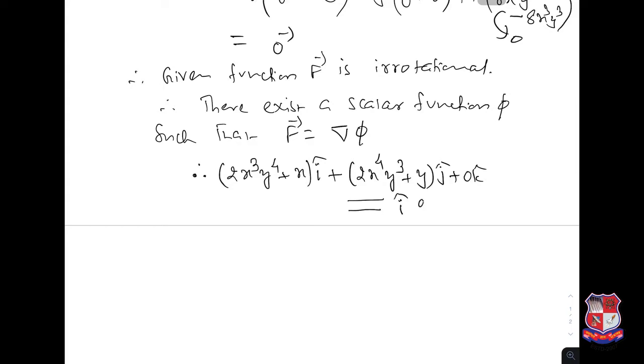That means it is i del phi by del x plus j del phi by del y plus k del phi by del z.